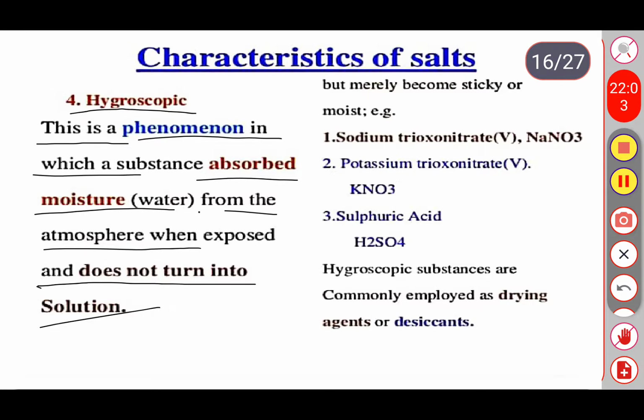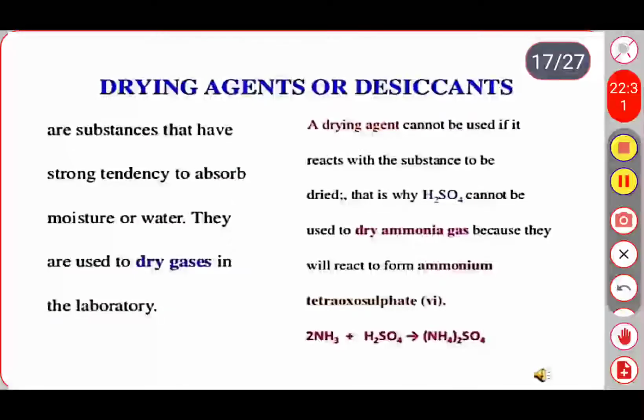Examples: sodium trioxonitrate, potassium trioxonitrate, sulfuric acid. Hygroscopic substances are commonly employed as drying agents or desiccants. Drying agents are desiccants. So these are some of the characteristics of salts.